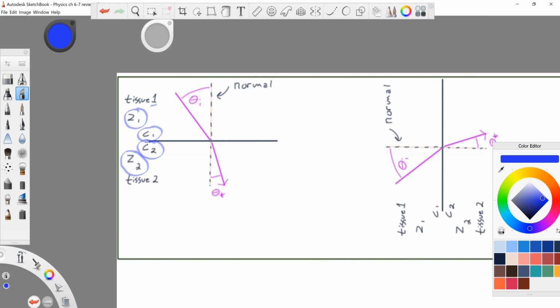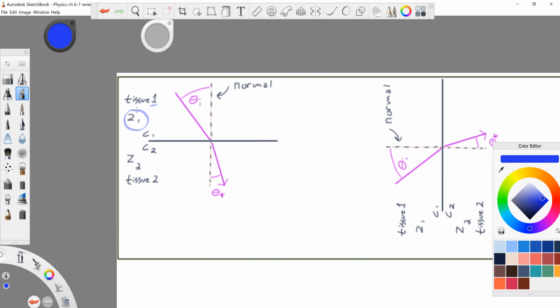Those values are going to give us some different things to worry about. Impedance tells us whether or not we even see anything. It tells us whether or not there is a reflection.